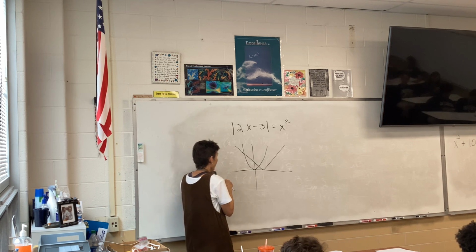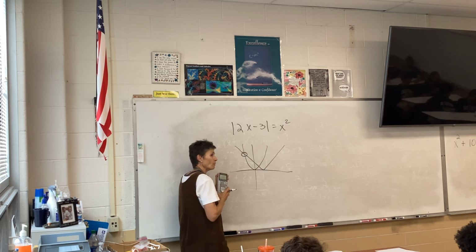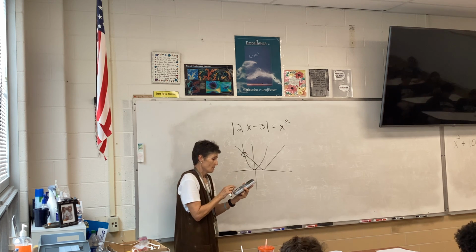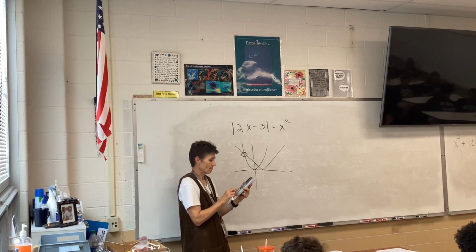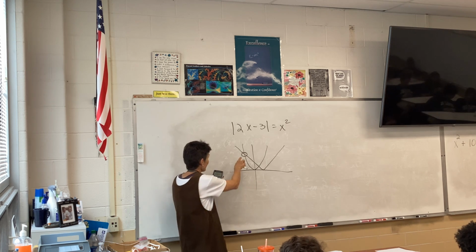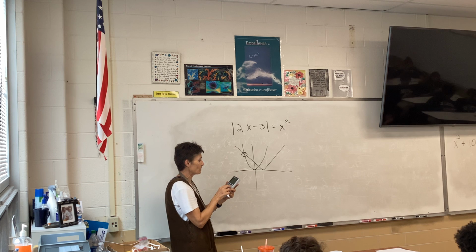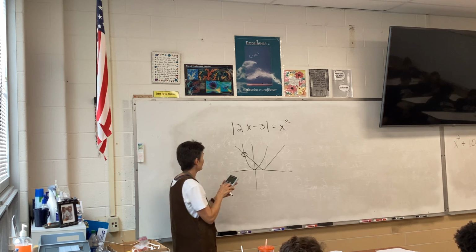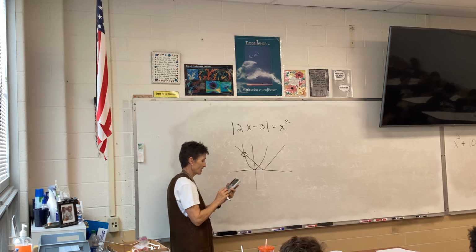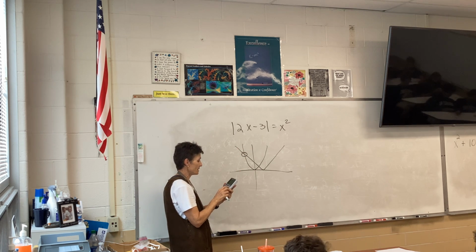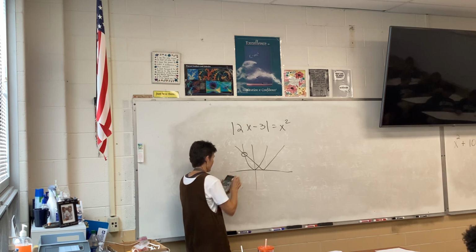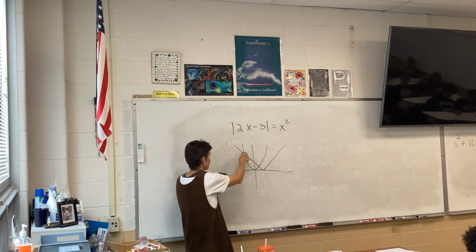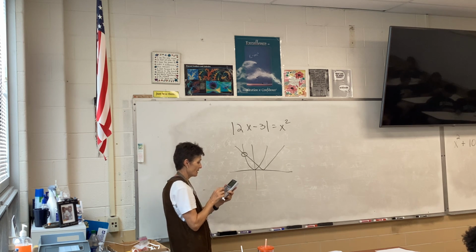All right, let's find this point. Remember how we do that? Second calc intersect. And I want to find that point, so I got to move my cursor. On the absolute value graph, it's over here somewhere. And then on the parabola graph, it's down here somewhere, surrounding this point, in other words.